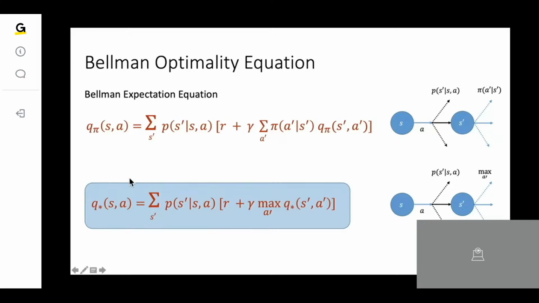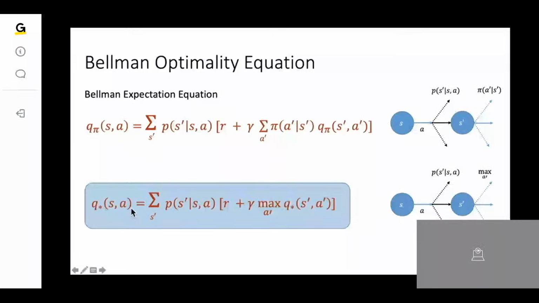We arbitrarily initialize the Q values, since we don't know them, and then we start updating every state-action pair using this equation. Initially we are utilizing values that are not fully formed, but over a period of time these values keep getting updated.